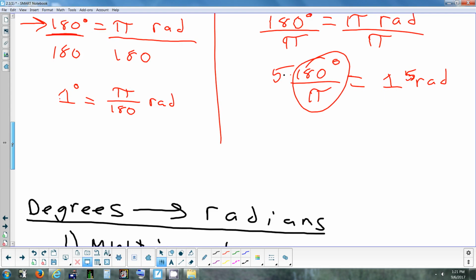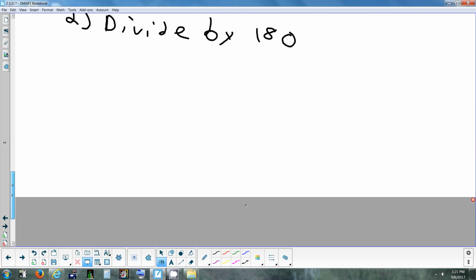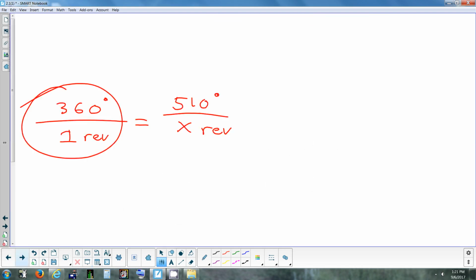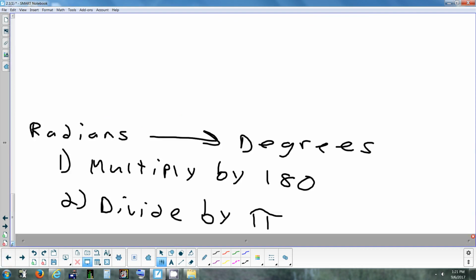So it's very similar to the other 2 steps, but it's multiply by 180, divide by pi. And I think those 2 steps, between degrees to radians and radians to degrees, are very similar, so it's easy to mix them up. I'll show you how you can remember which way is which.